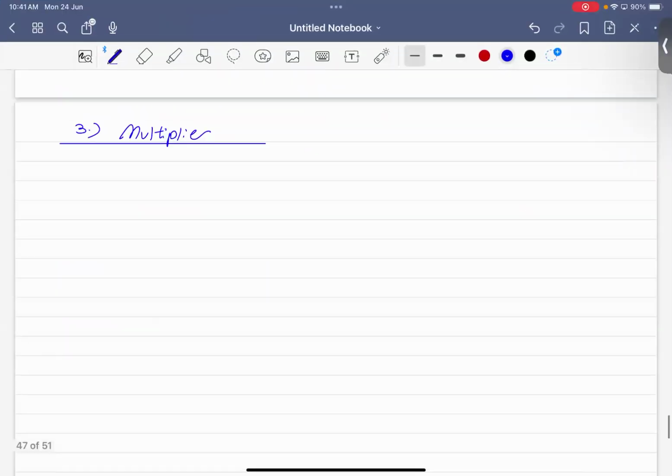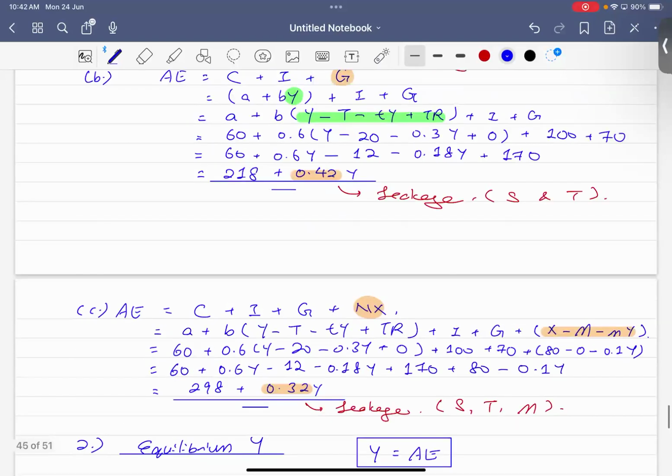Now question A, two sector economy. How does the formula look like? Alpha equals to 1 divided by 1 minus B. So smart. B here is 0.6, the marginal propensity to consume.